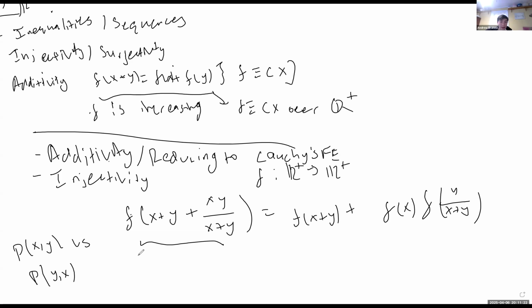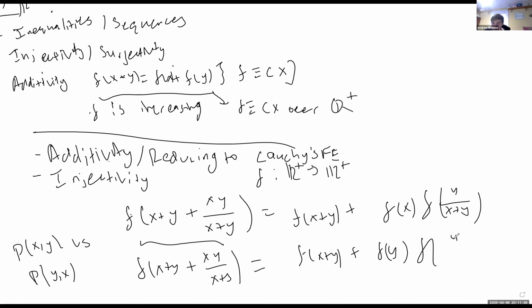This gives you f of (x plus y plus xy) over (x plus y) is equal to (f of x plus y plus f of y, f of x) over (x plus y).